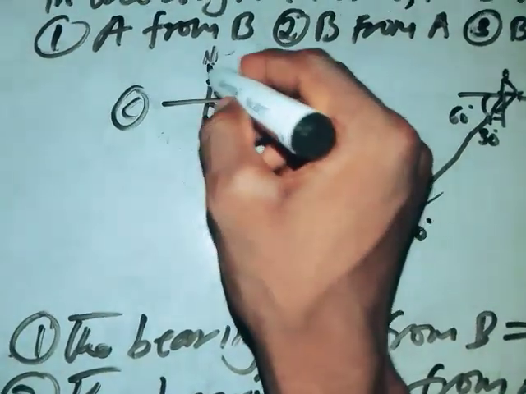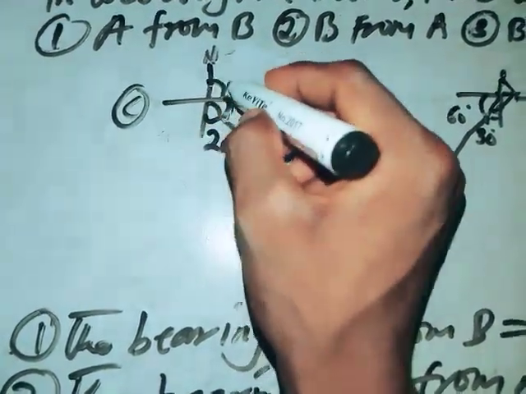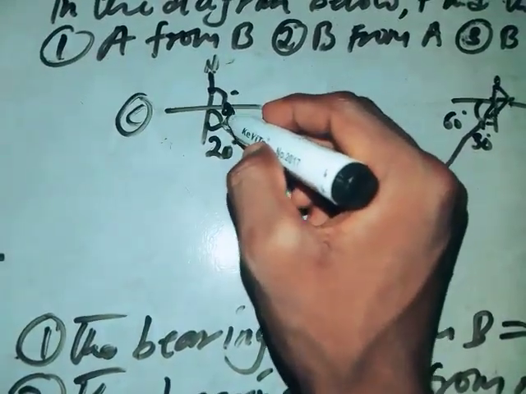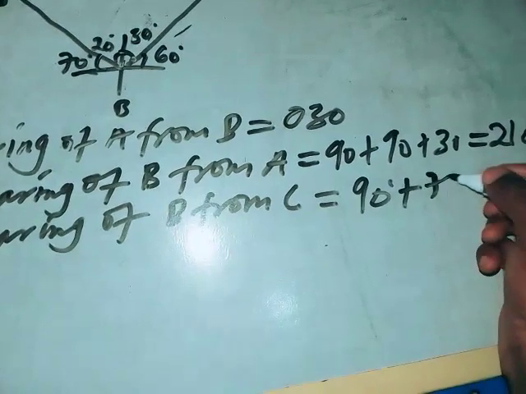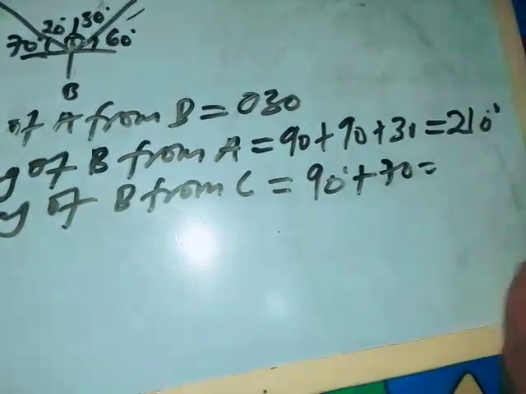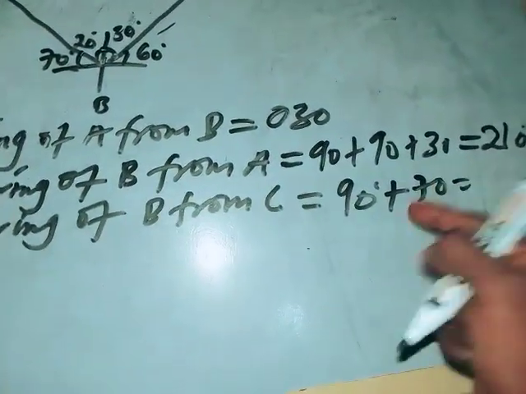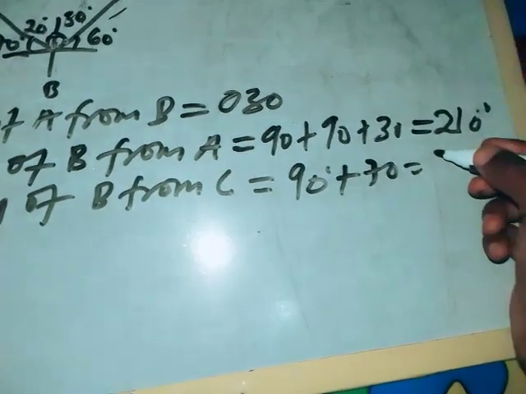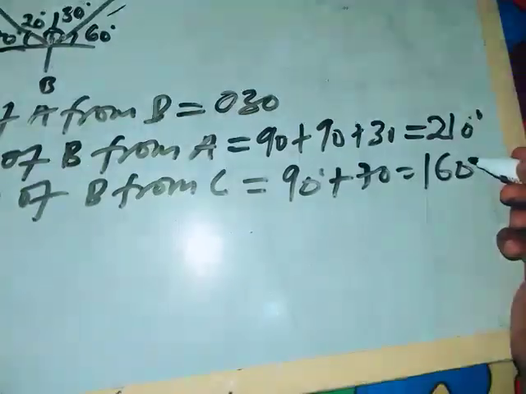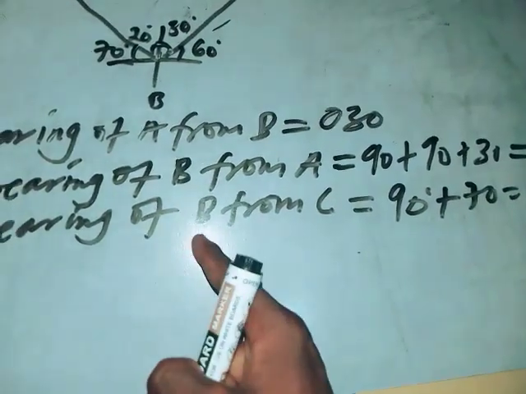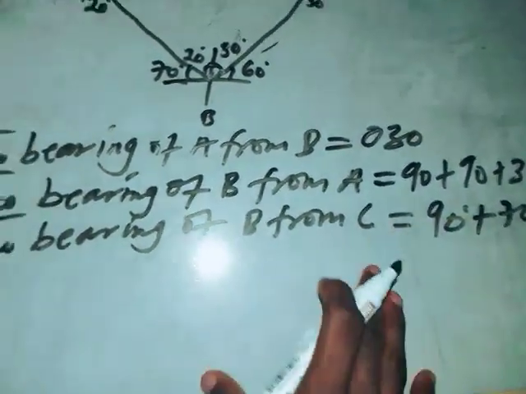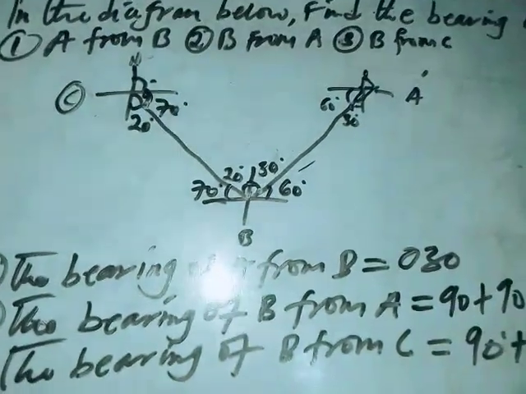So from this point is 70 and from this point to this point is 90. So 90 plus 70 will give you 160 degrees. So this is equal to 160 degrees. So that is the bearings of B from C. So that is how to find the bearings of any point from any given point.